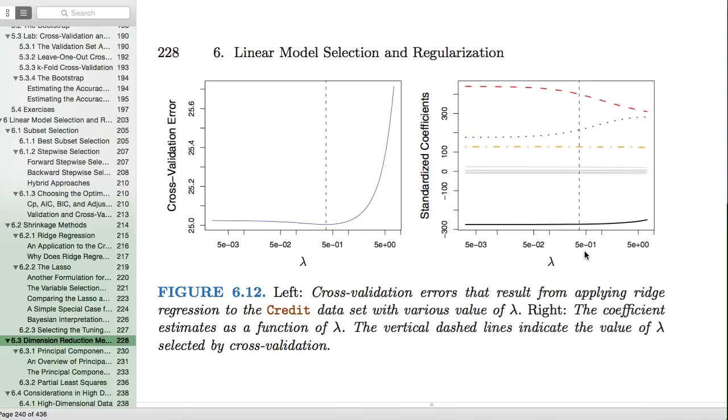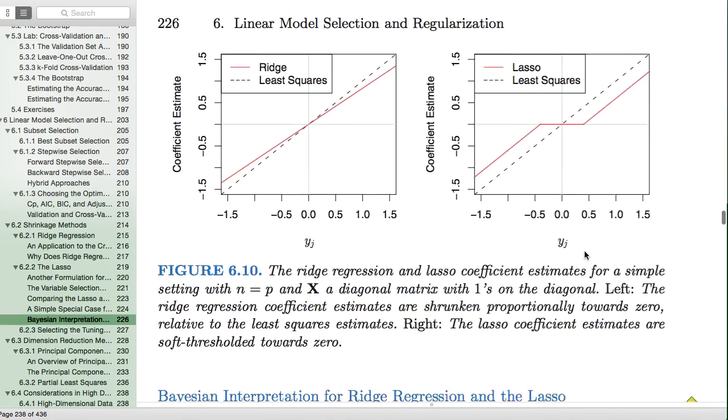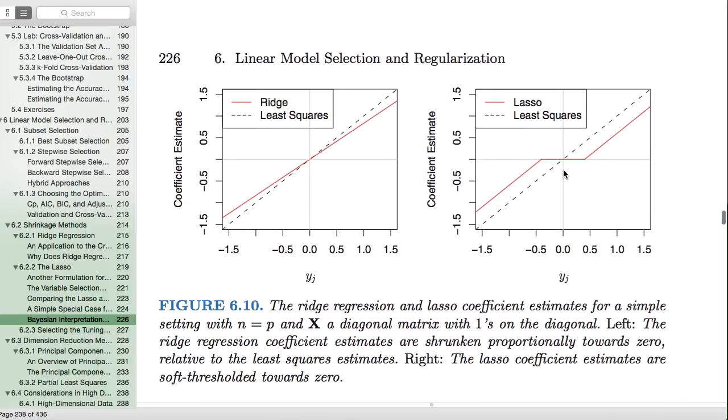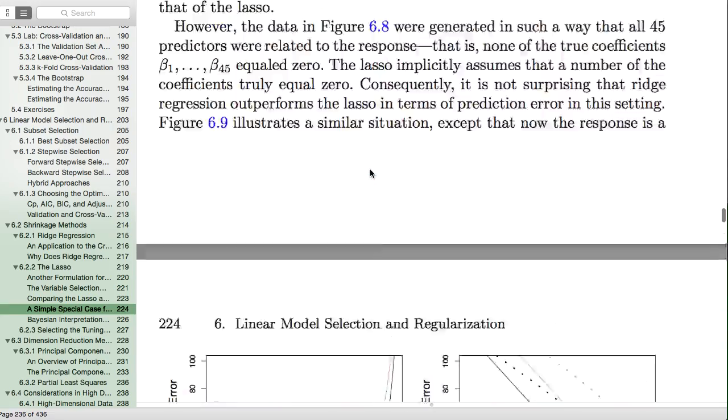The lasso is kind of like subset selection in a sense, but its formulation is very much more like ridge regression, and the results are very similar in a lot of ways to ridge regression, although they're different in the sense that's shown in this picture and in the picture with the square and the circle.